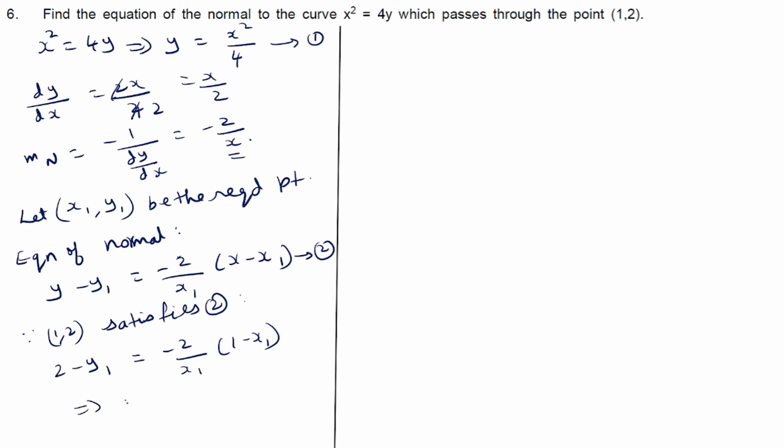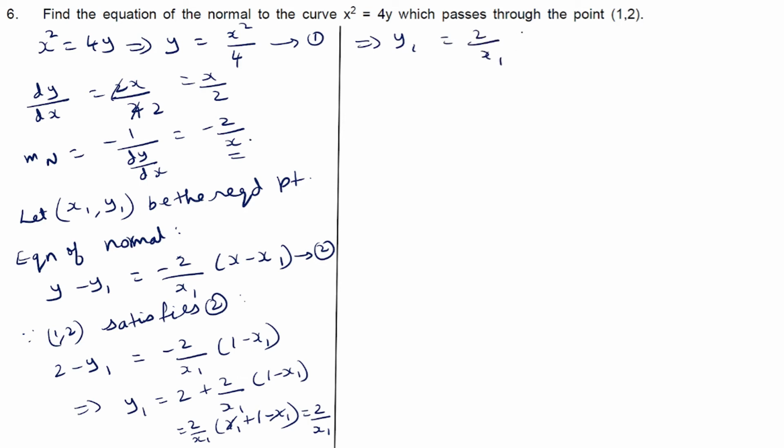Or we have y1 is equal to 2 plus 2 by x1 into 1 minus x1, or 2 by x1 is common, let us take it outside, into x1 plus 1 minus x1. So these two will go, it is 2 by x1. So we have y1 is equal to 2 by x1. Let us mark this as 3.